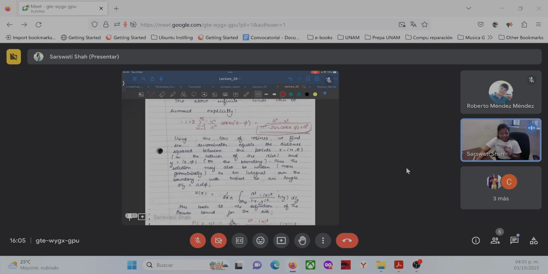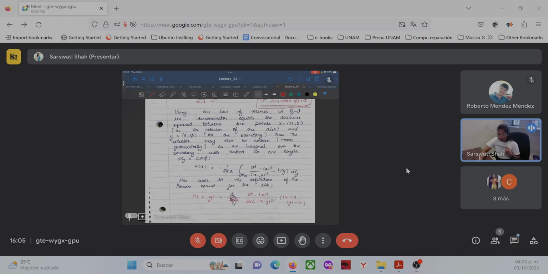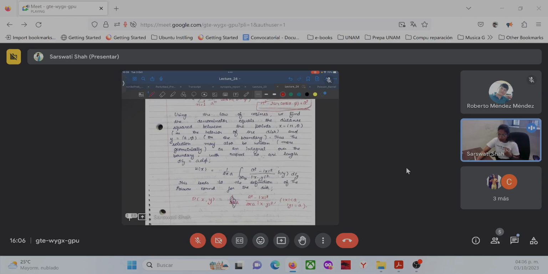The solution from the polar coordinates to the Cartesian coordinates can be written in this form, where h is the boundary value now, and this is the distance, and this integration was defined from 0 to 2 pi, but the radius is fixed. The radius was fixed, equal to a.